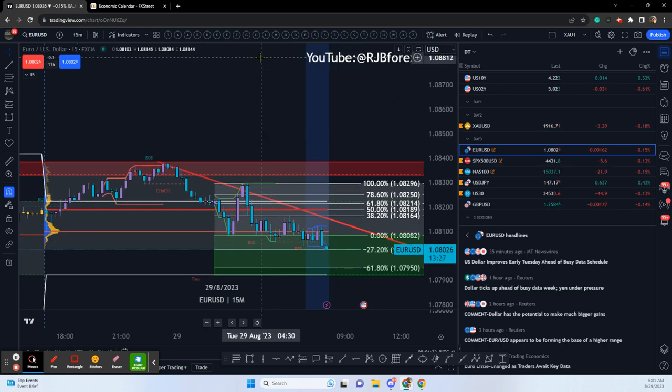See, so what we might have is a 3-session setup. So we came up high, squeezed, pulled back, continuing to the downside, and as I said, we might bottom out.